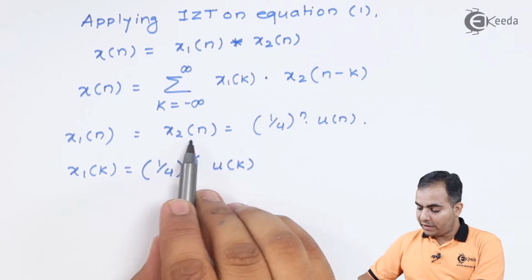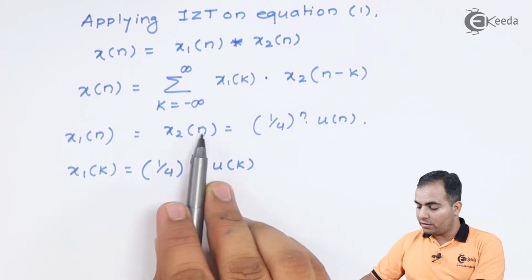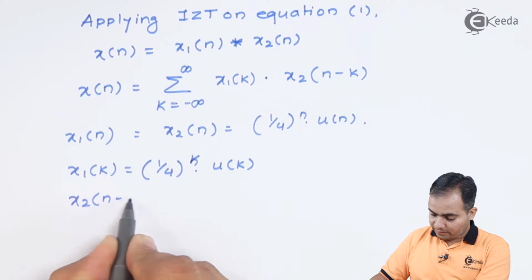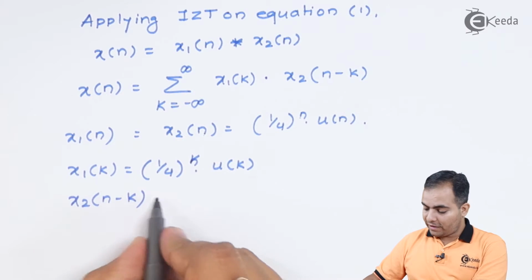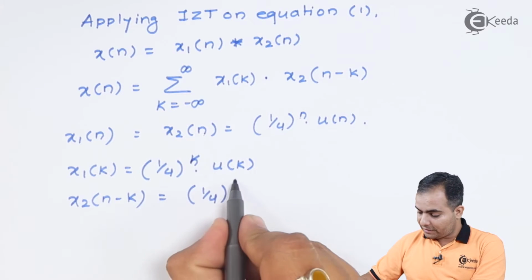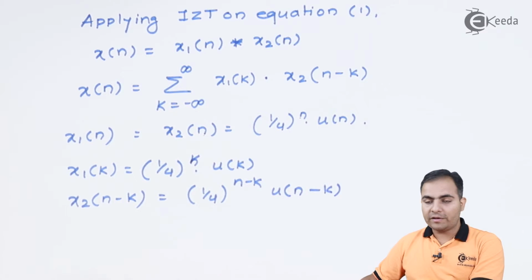Similarly, my x2 of n is also this, but n is replaced by n minus k everywhere. So my x2 of n minus k can be written as 1 by 4 raised to n minus k, and u of n is replaced by u of n minus k.